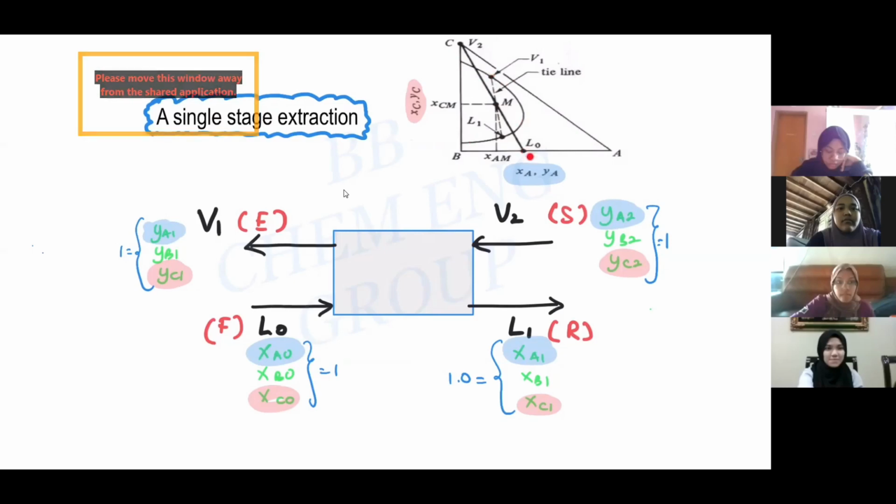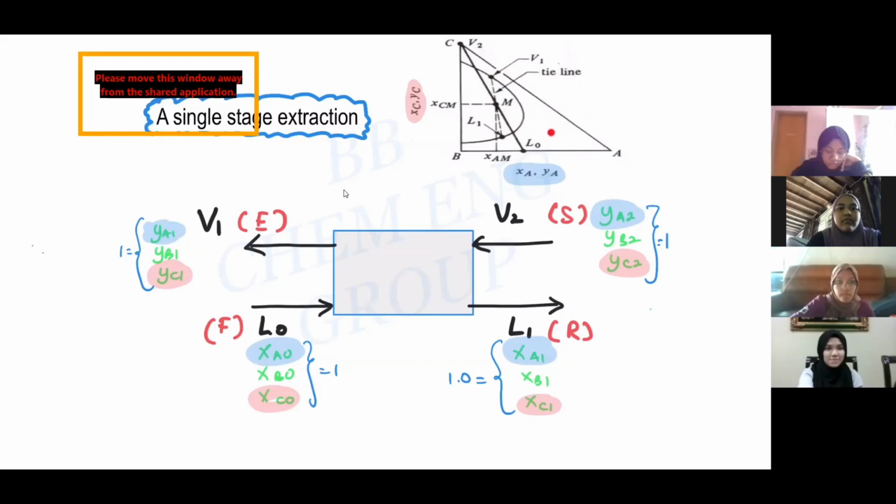Where you need to draw the L naught and then connect with your V2, which is your solvent. And then you have M inside here. What is M? For this particular graph, there are areas to be labeled.